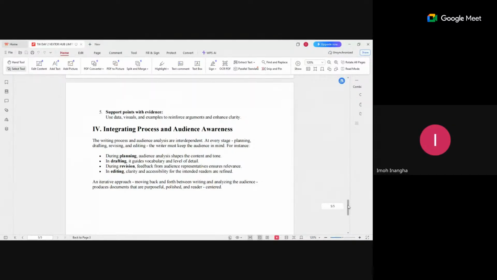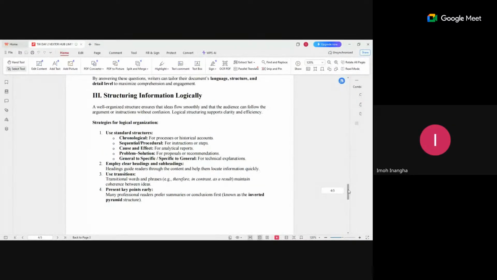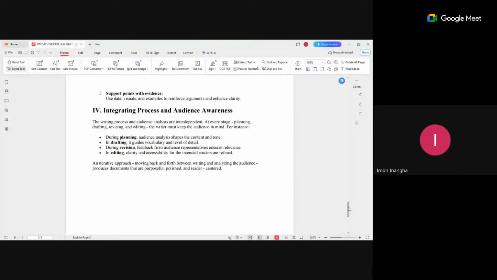So the fourth point, integrating process and audience awareness. The writing process and audience analysis are interdependent. At every stage, planning, drafting, revising, and editing, the writer must keep the audience in mind. For instance, during planning, audience analysis shapes the content and tone.